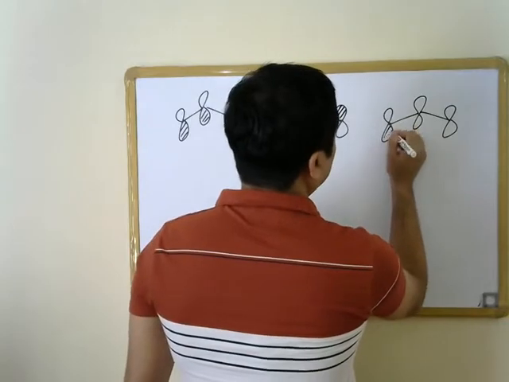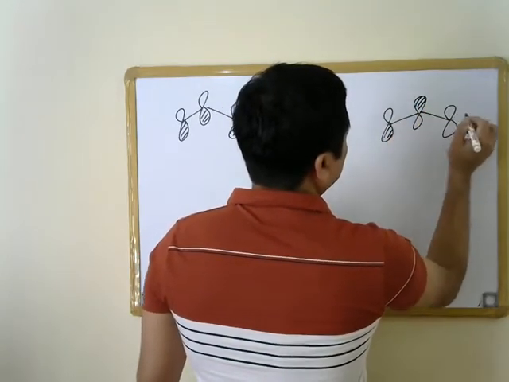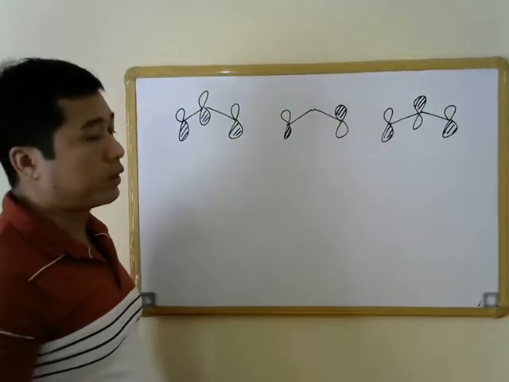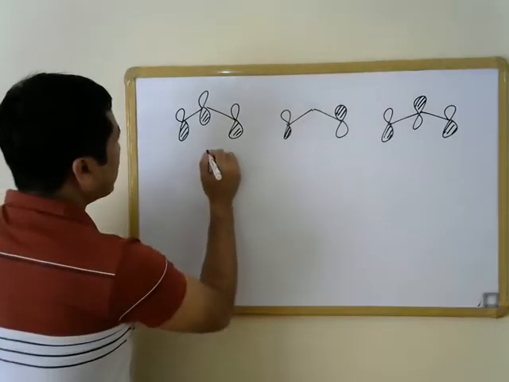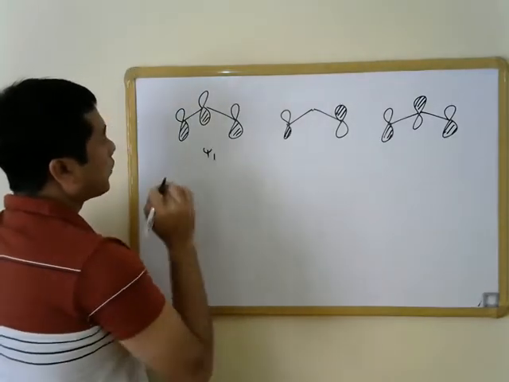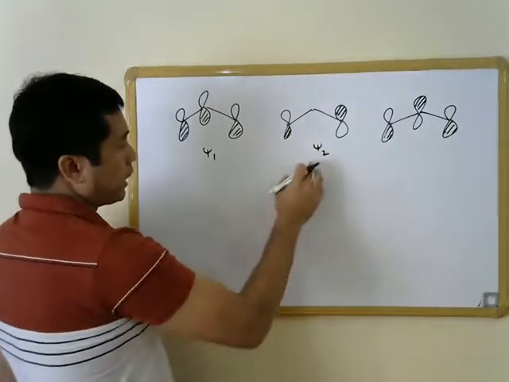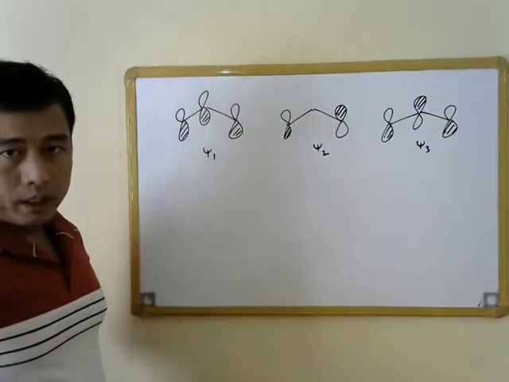Then we have the antibonding molecular orbital of the allyl ligand, where all three p orbitals are in opposite phases. Now let us label these three molecular orbitals: the bonding one as psi1, the non-bonding molecular orbital as psi2, and the antibonding molecular orbital as psi3.